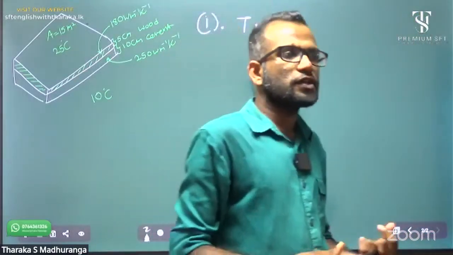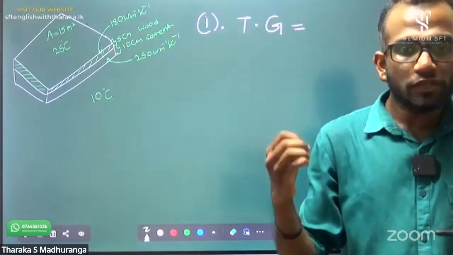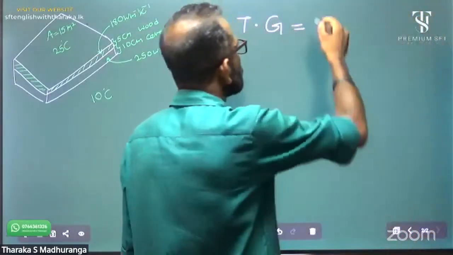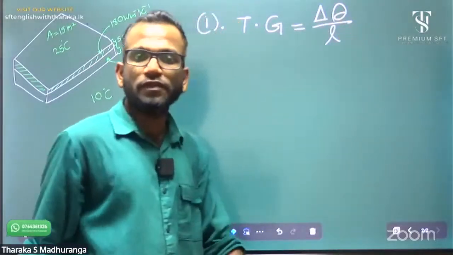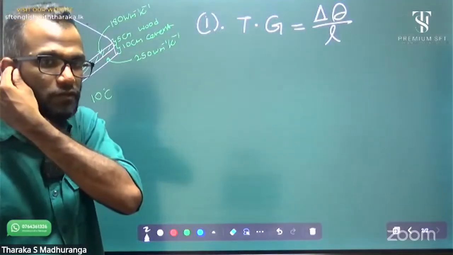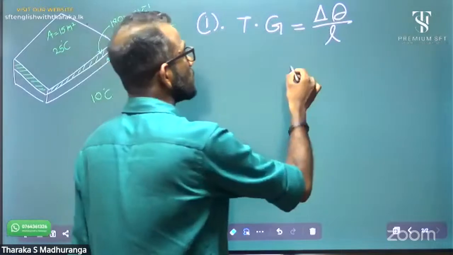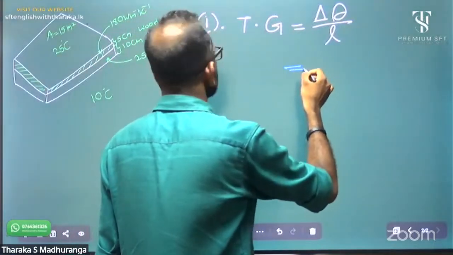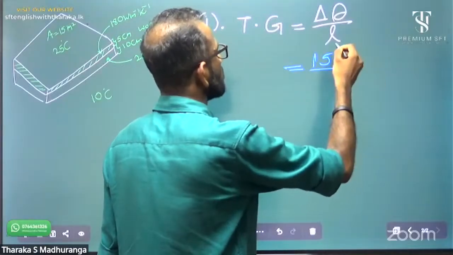What's the meaning of temperature gradient? The temperature gradient means the temperature difference per unit length, delta theta over L. The temperature difference of unit length we call the temperature gradient. The temperature difference is 15 Celsius or Kelvin, divided by the length.